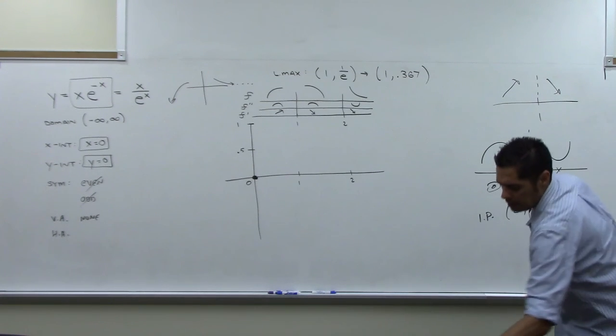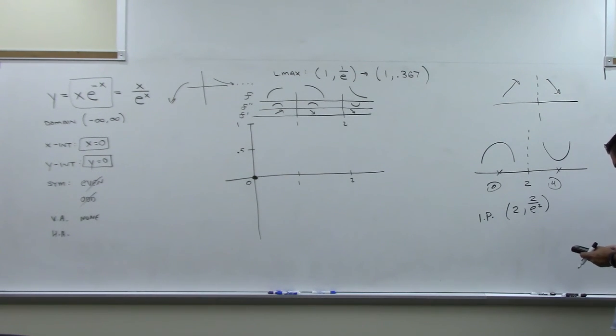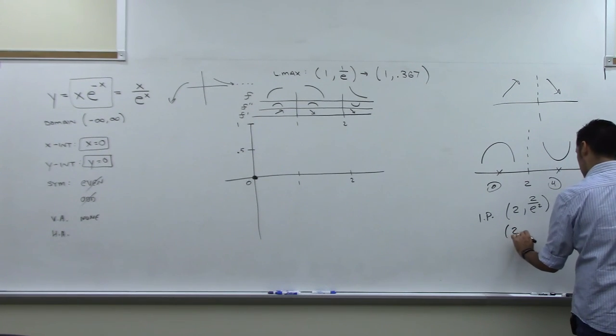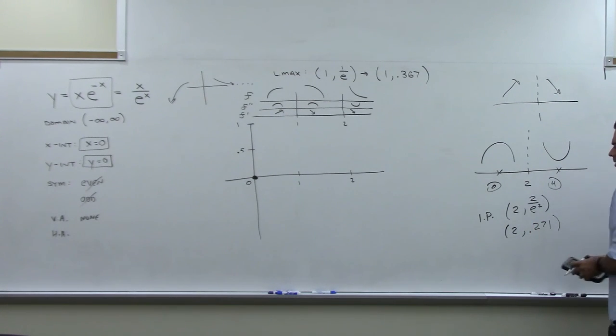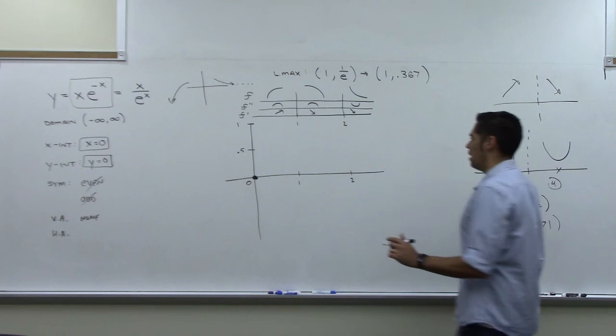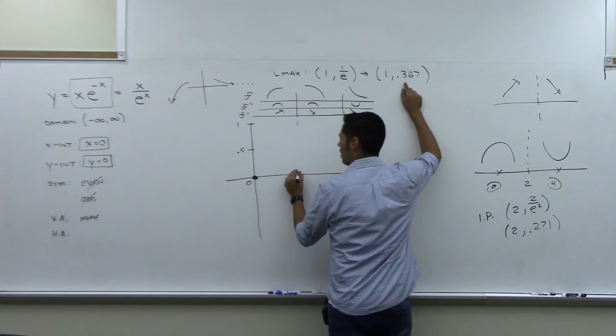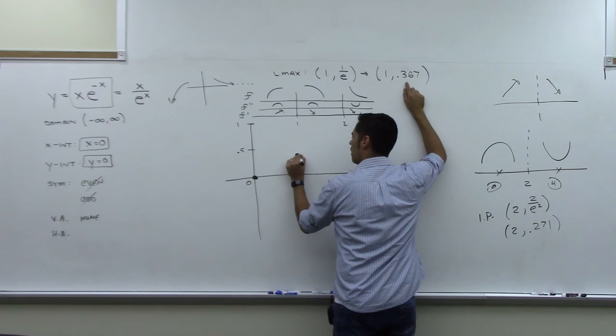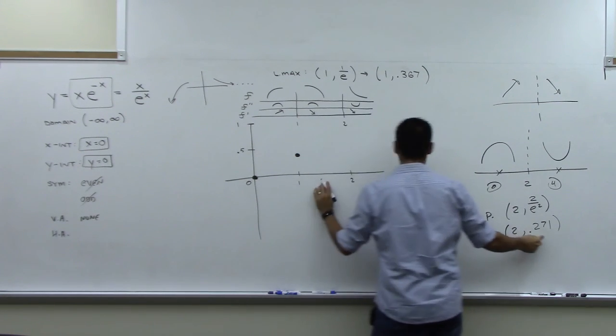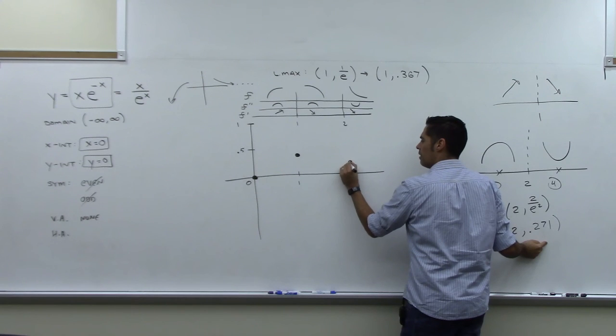And that's going to be .271, something like that. So when I go here, this was 0.3, so here's 0.5, 0.36, I don't know, somewhere around here. And then at 2, I'm at 0.271, so I don't know, somewhere around here.